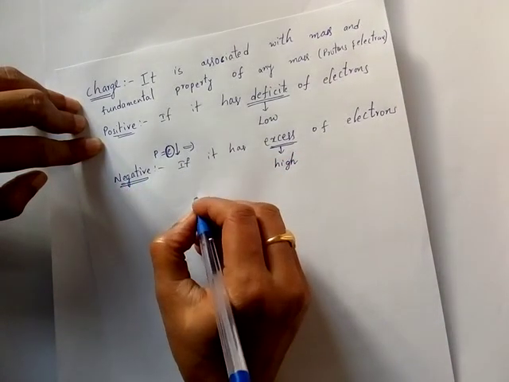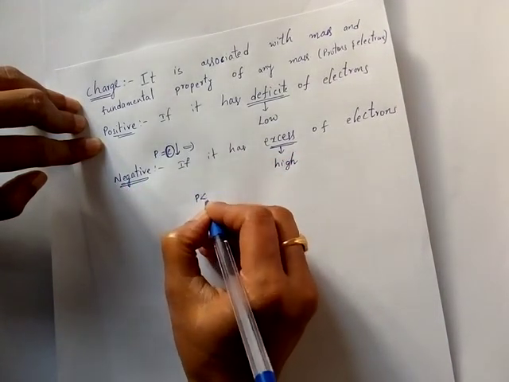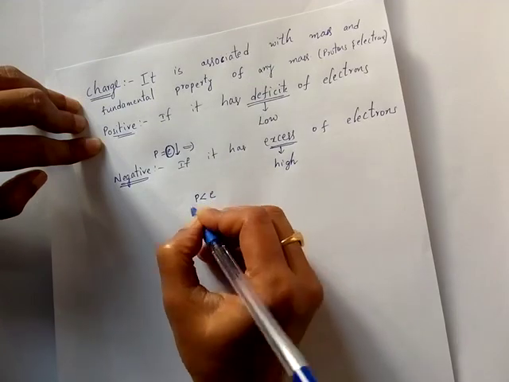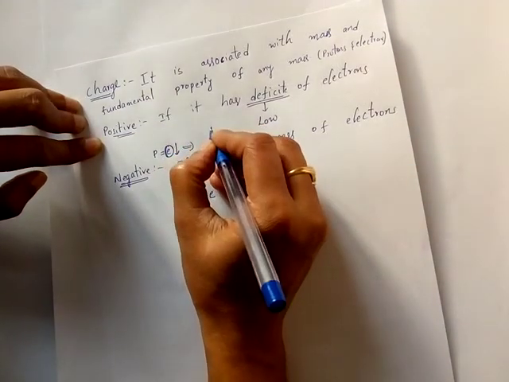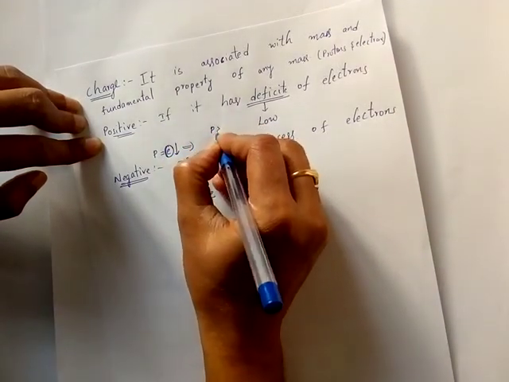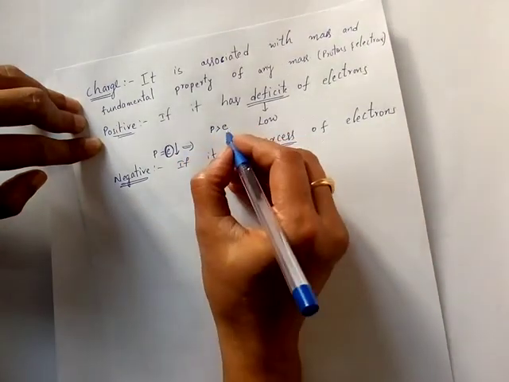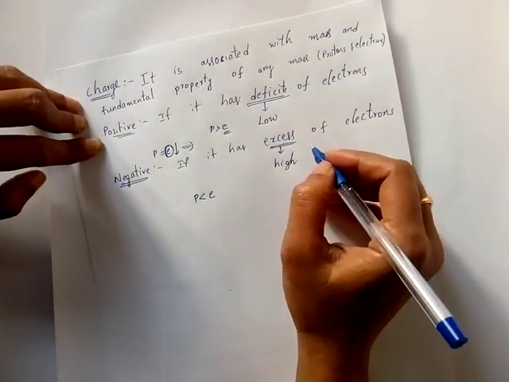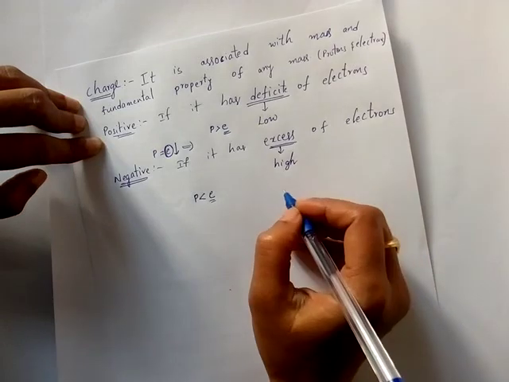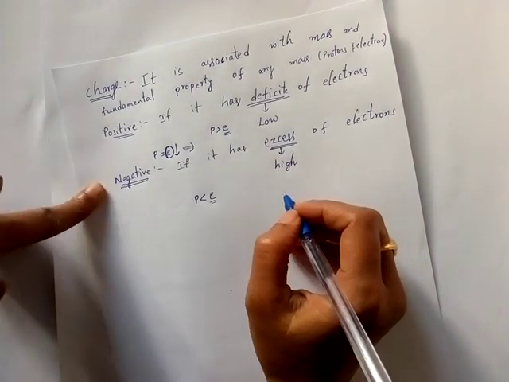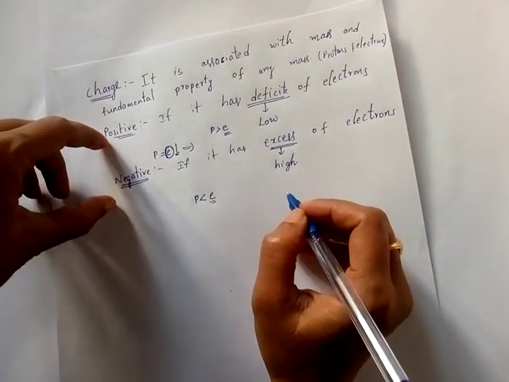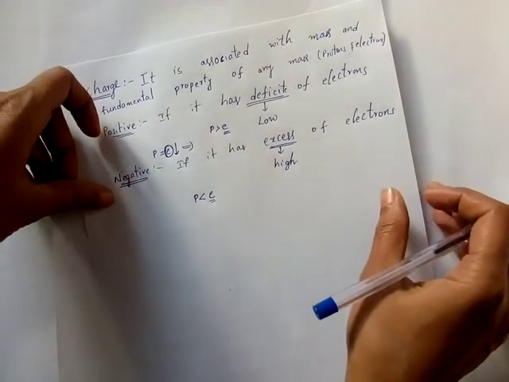If protons are less than electrons, or electrons are more than protons, here protons are greater than electrons. That means here the number of electrons is low, here the number of electrons is high. Then we say it is a negatively charged body. How do you charge it? We have already seen in the last video.